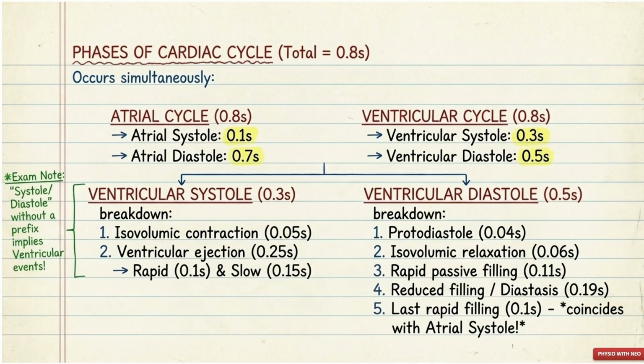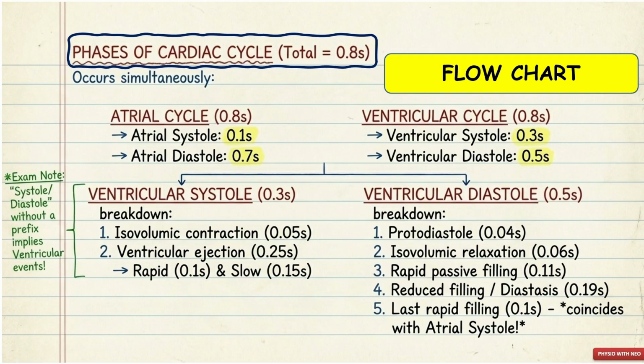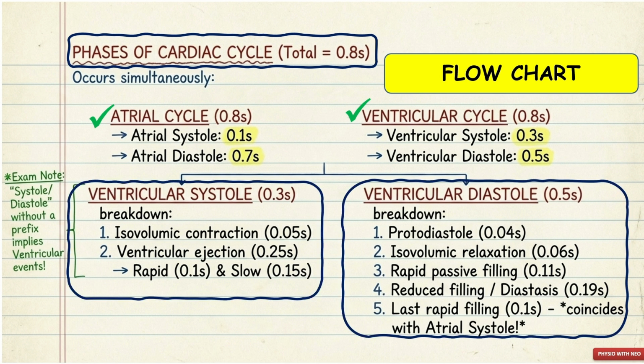After the phases of the cardiac cycle in a diagram, here we are going to write in detail about the flow chart. Now, these phases of the cardiac cycle include the atrial cycle as well as the ventricular cycle, each of 0.8 second. The ventricular cycle is further divided into ventricular systole and ventricular diastole.